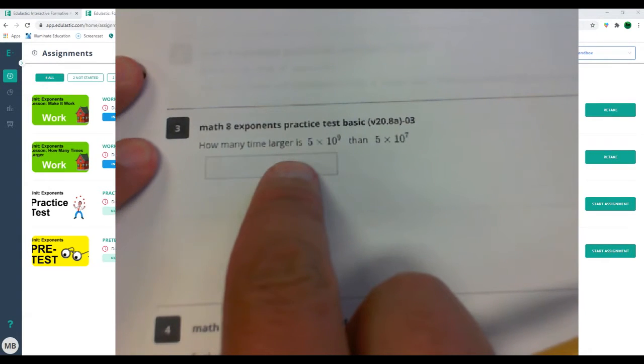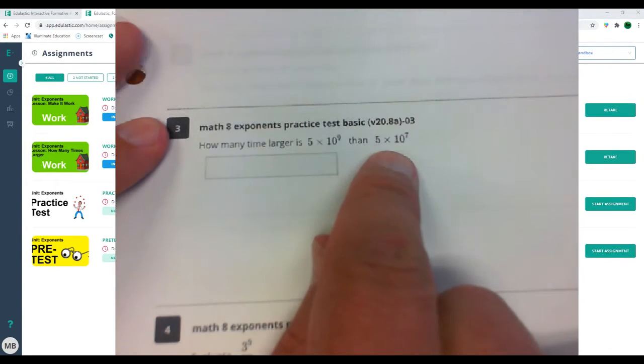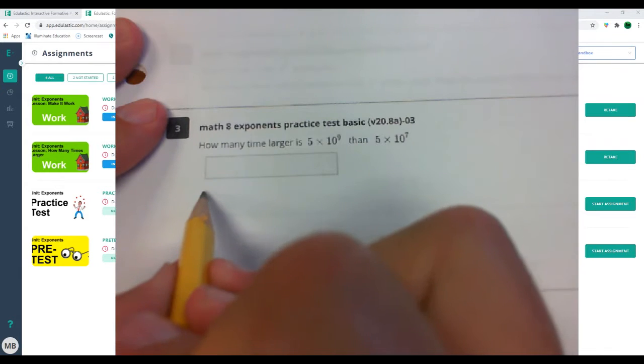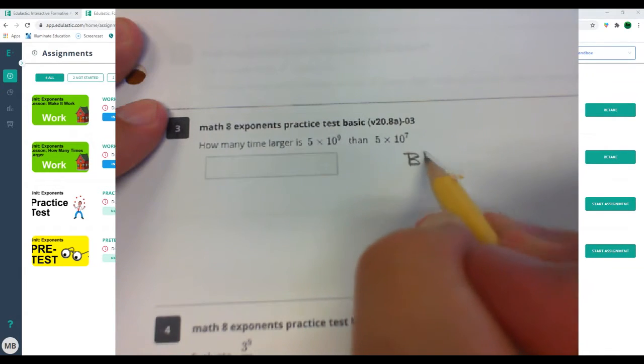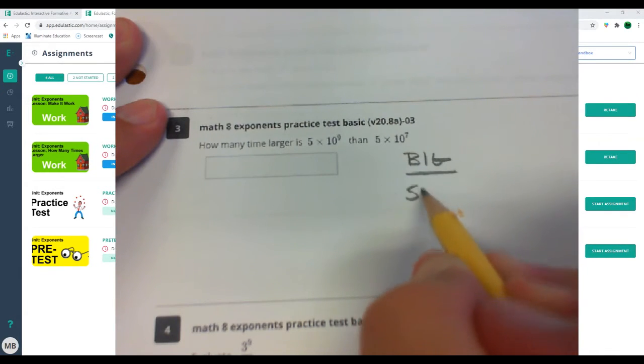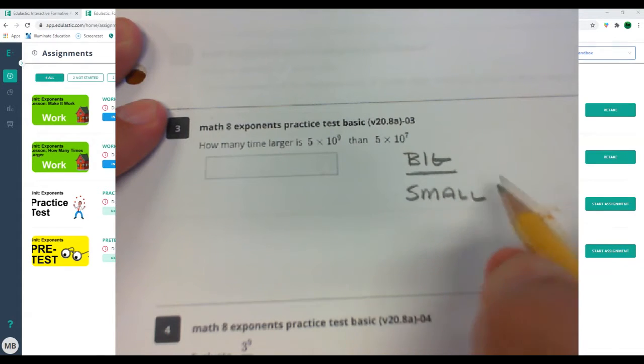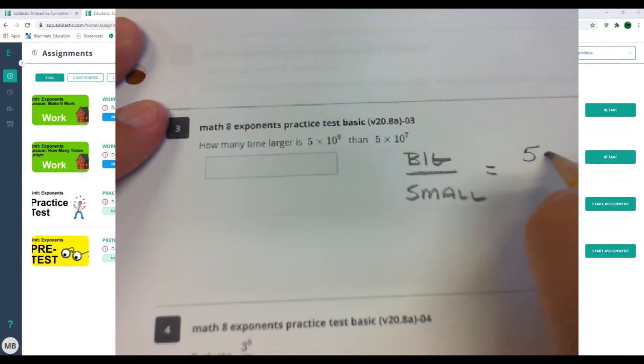How many times larger is the big number than the small number? So I do big over small. Which will give me, let's see, big is 5 times 10 to the 9th over 5 times 10 to the 7th.